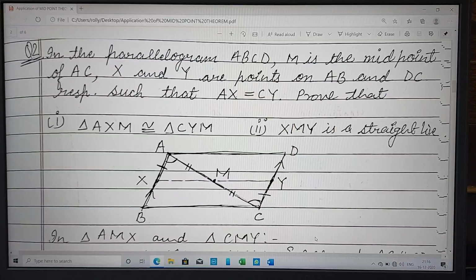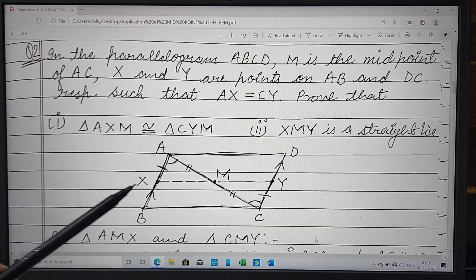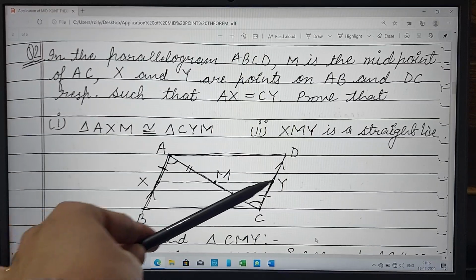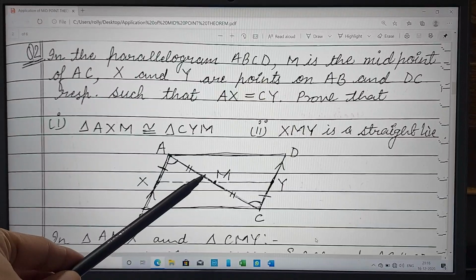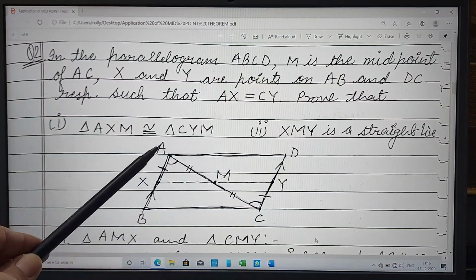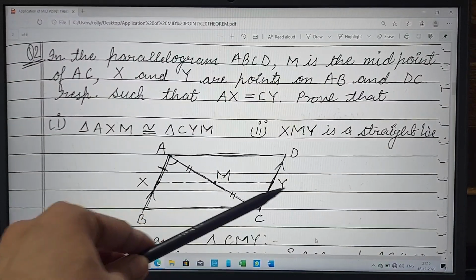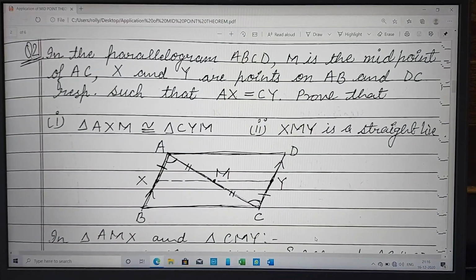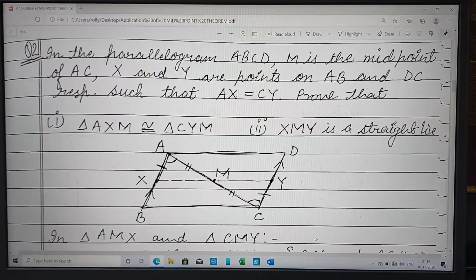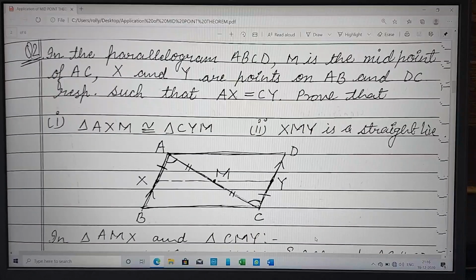Now, if they are congruent to each other, then XM will be equal to MY by CPCT, and angle XMA will be equal to angle YMC. And which kind of angles are these? These are vertically opposite angles. Vertically opposite angles form when we have two intersecting lines. So AC and XY are the two intersecting lines.